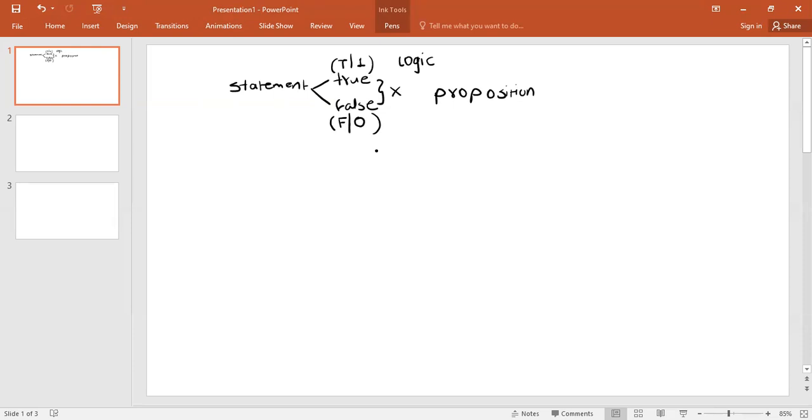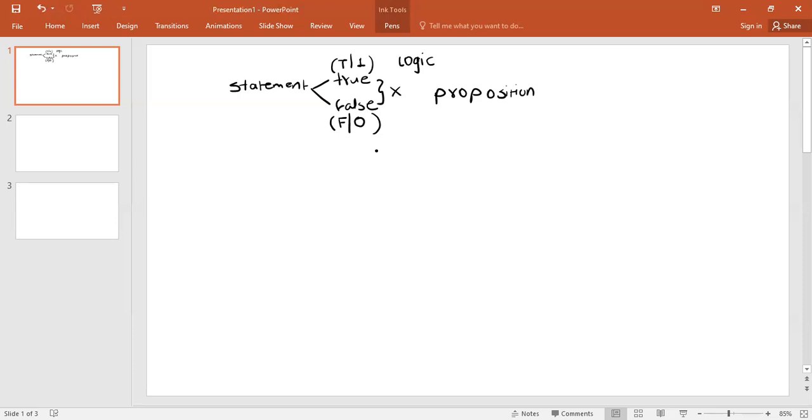Consider the following sentence: the earth rotates around the sun. This statement is true, hence it is a logical statement which has truth value T or 1. The positive divisors of 10 are 1, 2, 5 and 10 only.